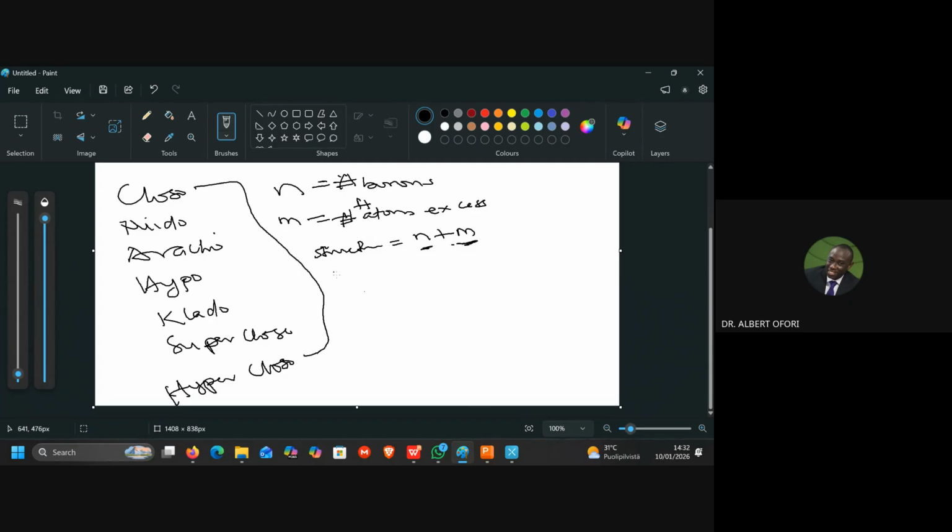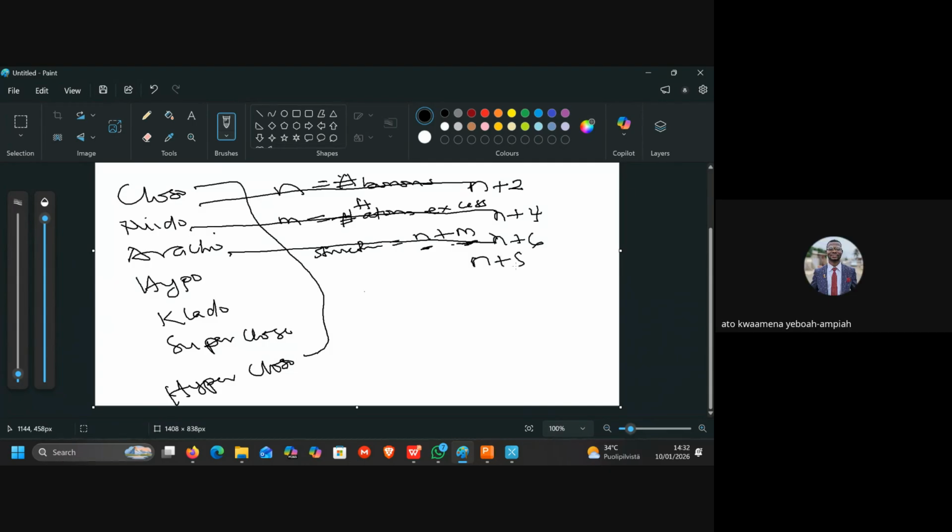When I do the calculation, if I have N for the boron but 2 excess hydrogen, then that structure is closo. If I do the calculation and it is N plus 4, then that structure is nido. If I get N plus 6, that is arachno. If I continue, N plus 8, that is hypho.